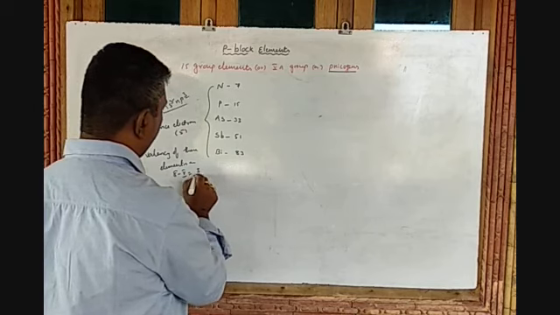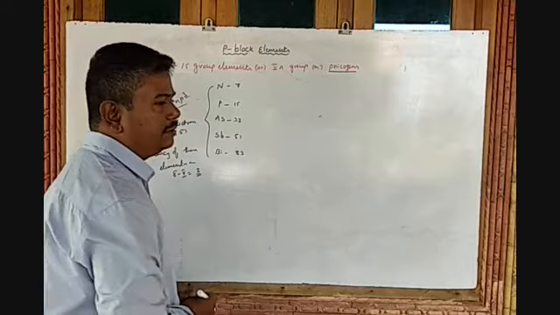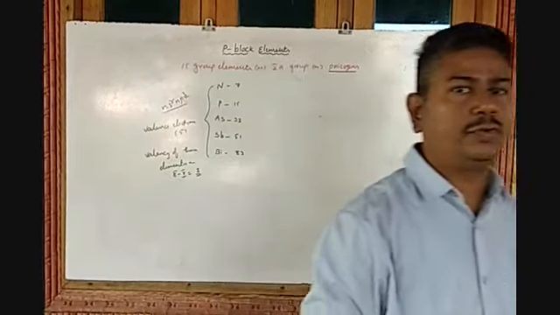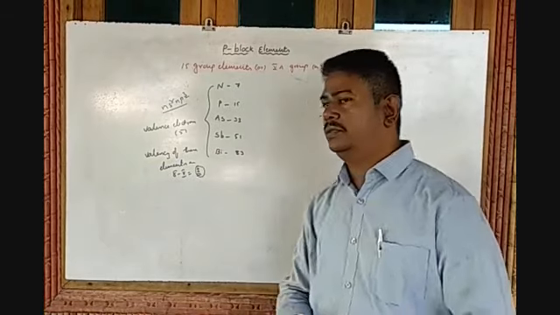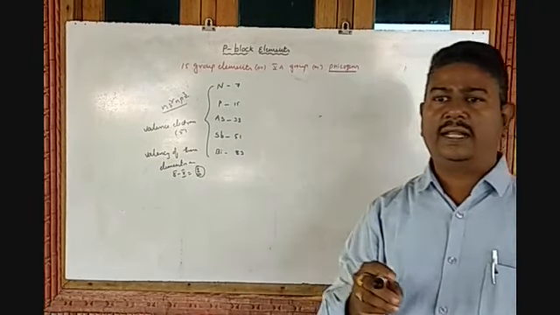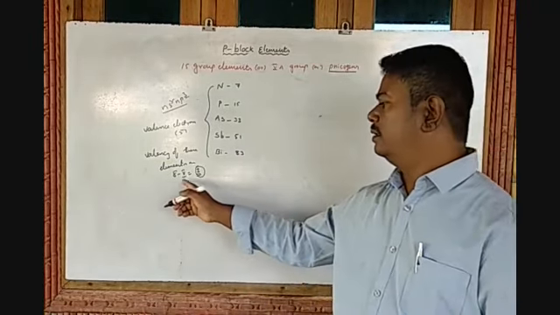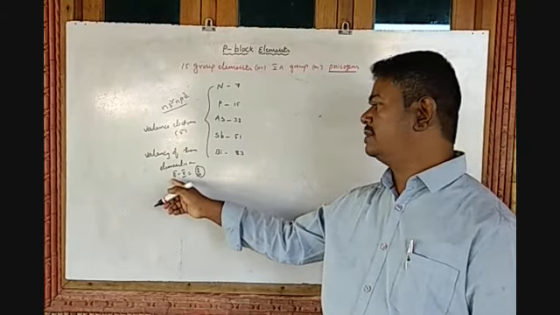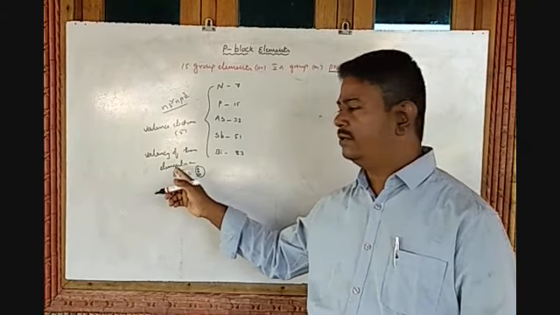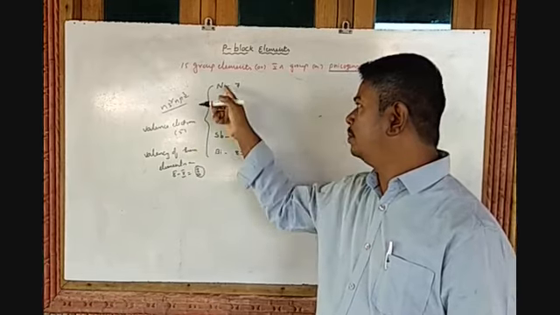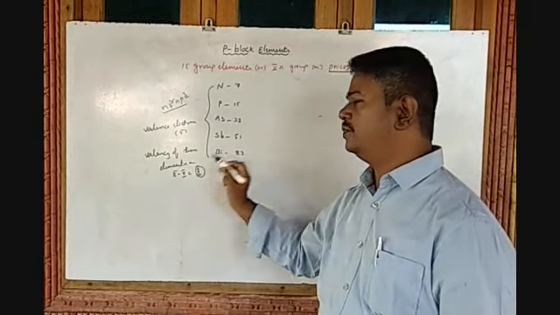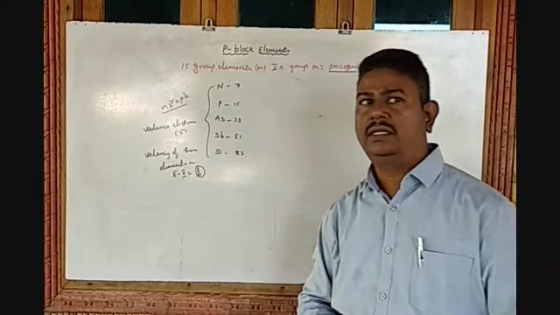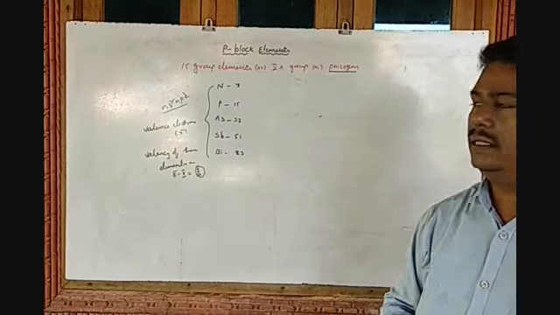Nothing but which one? 3. So the valency of group 15 elements is 3. It consists of an octet, that means 8 electrons, and we subtract the group number because it is a group 15 element. Then we get the difference, 3.